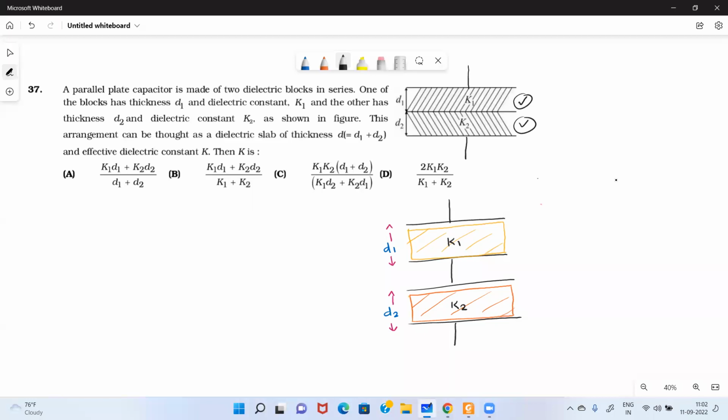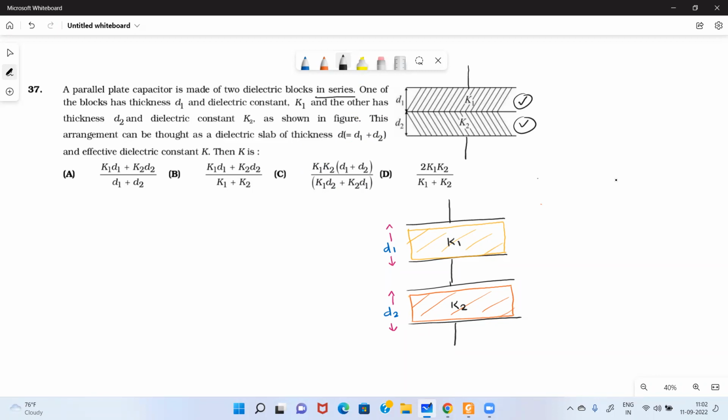K2, exactly. So one of the dielectrics is K1 and the other is K2. And how are these two capacitors connected? In series, exactly, back to back. It's also given in the question itself.